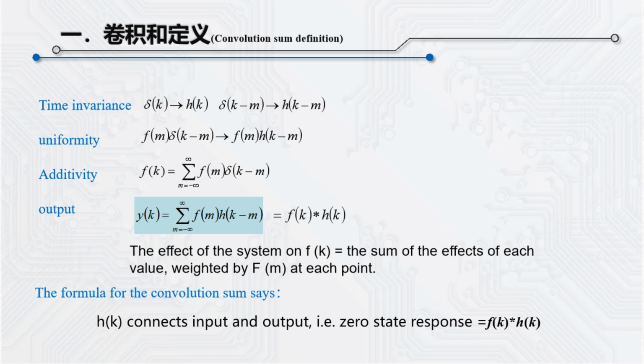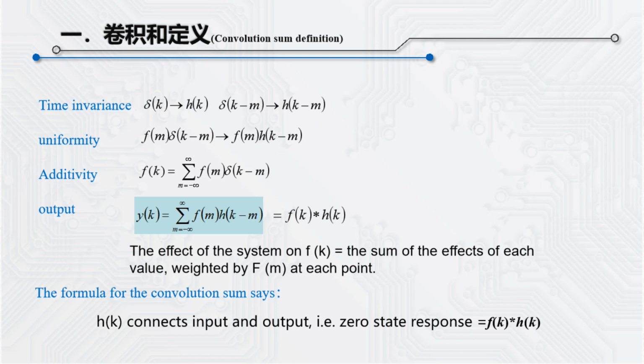So according to the superposition, the excitation of the system can be expressed as a superposition of this expression. So it operates on the zero state response produced by the system. We are going to do a similar step.